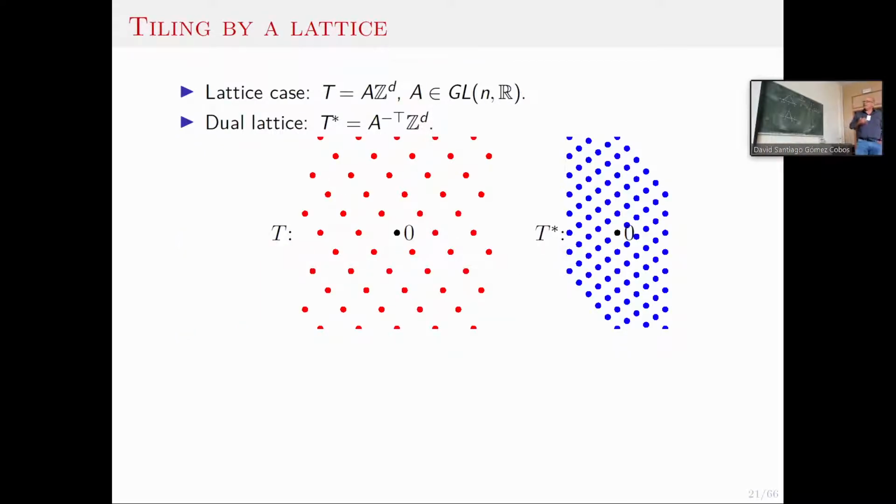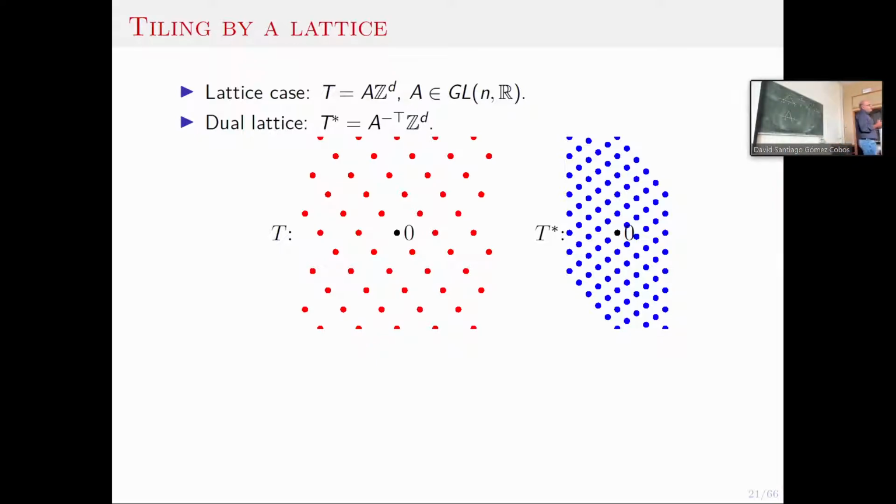Now let's generalize this tiling by the integers business to higher dimension, where it becomes more interesting. So we start with a lattice. Let capital T be a lattice. What's a lattice? In our case, it's a linear image of the integers, where A is an invertible matrix.